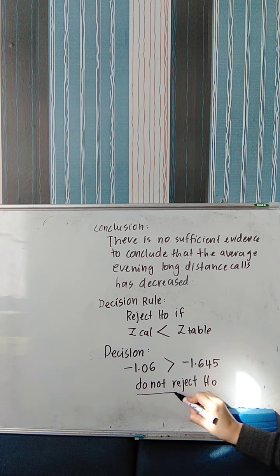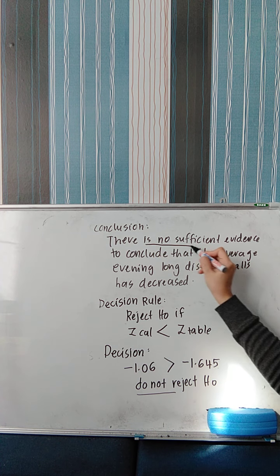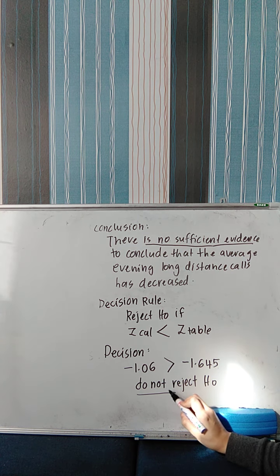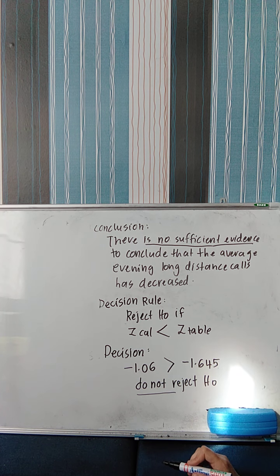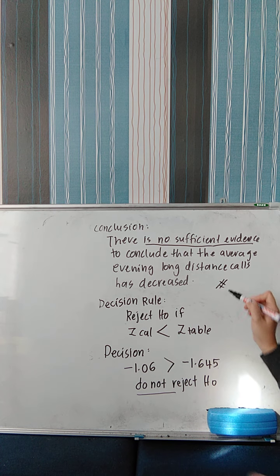Do not reject means no sufficient evidence. If you reject, it means there is sufficient evidence. Okay, so we finish example 2.